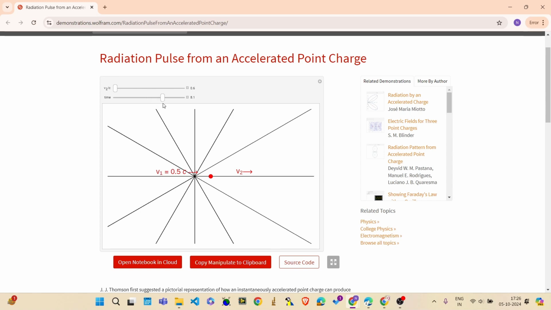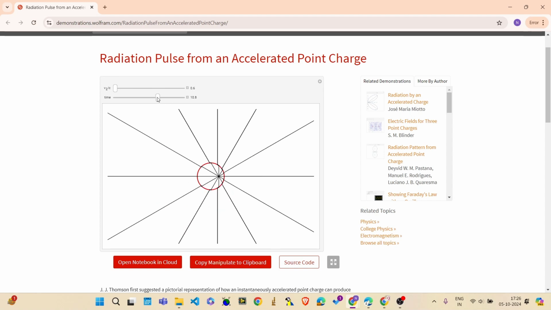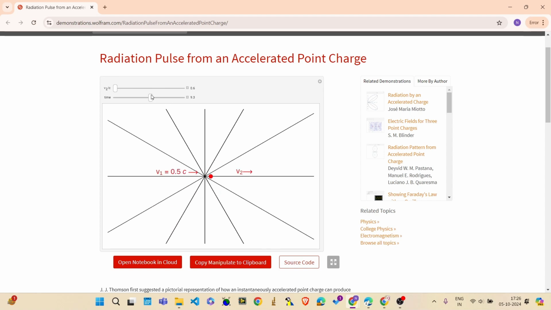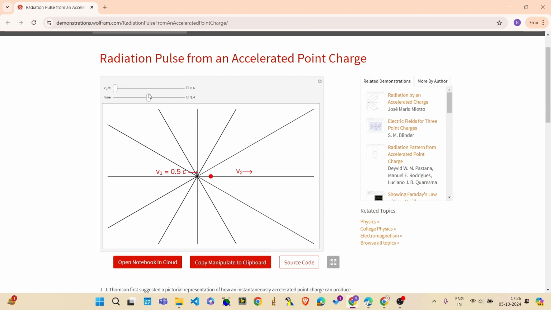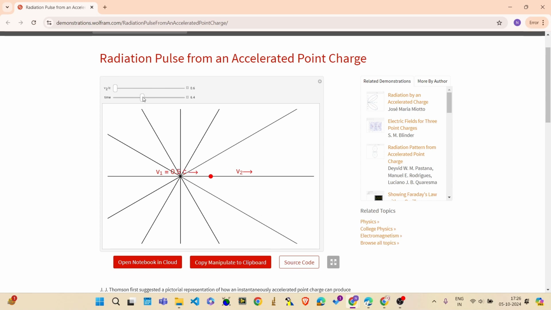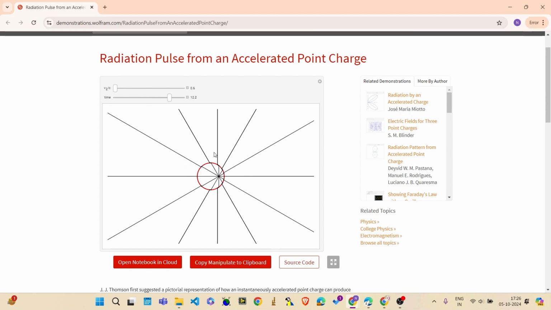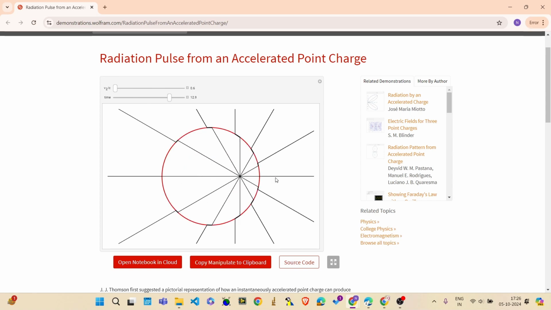So you can see if we go further in time, at some point, this velocity times time means this point, 0.5. You can see the charge is moving in the x direction, but this field is not radial anymore. It has some tangential component here, here, and here.